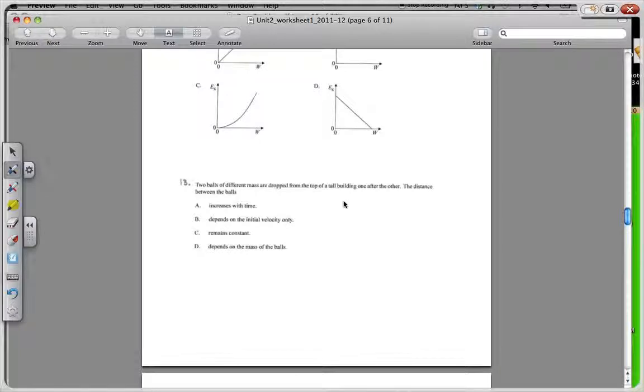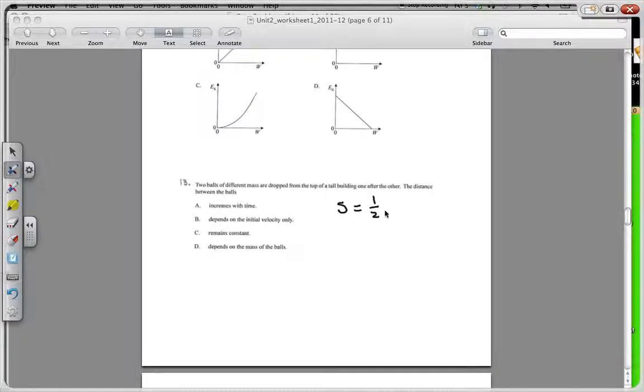We've got the situation here that s equals 1/2 at squared. Let's take a situation with a 1 second drop, and say we've got ball A and B. After 1 second, taking a as 10 meters per second squared, it's a half times a.